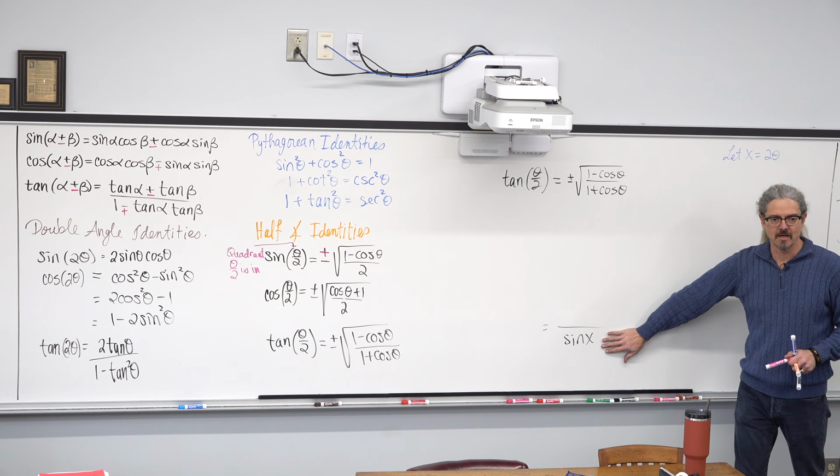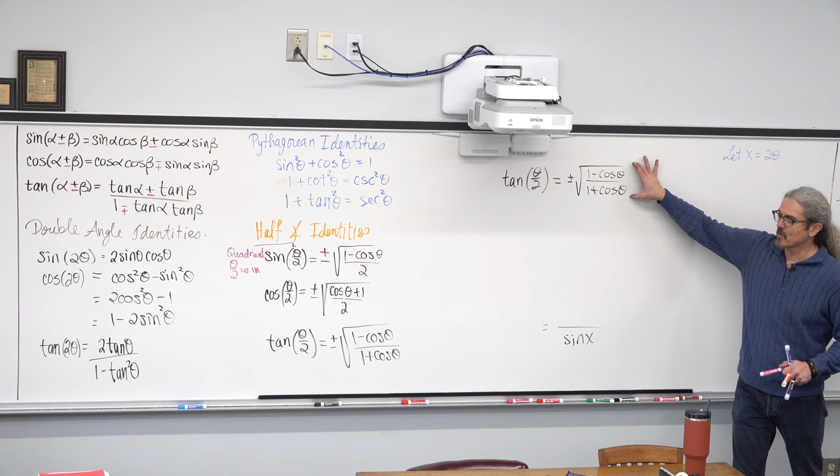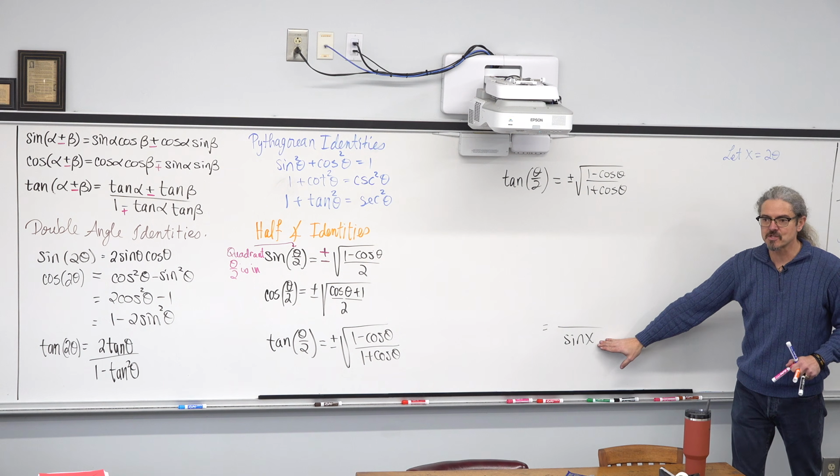You've done some proofs now. How would you go from this expression to an expression that just has sine in the denominator? And do note, I did not write a square root. So something has to make that square root go away.